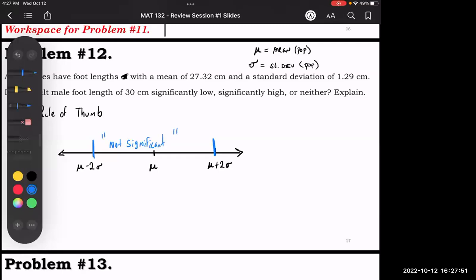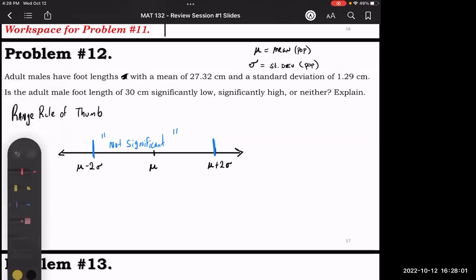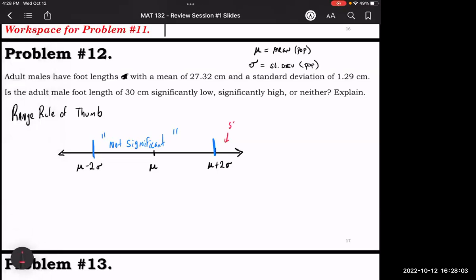Anything outside, we call them extreme values or even significant. Significant, unusual, extreme, they all have the same meaning. I don't know which ones your professor uses. So here we say it's significantly high versus significantly low.